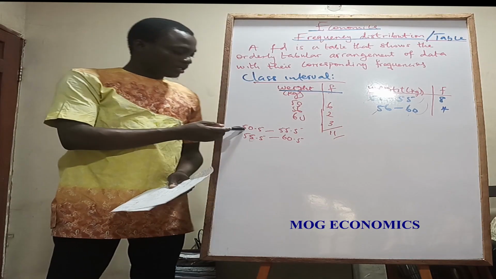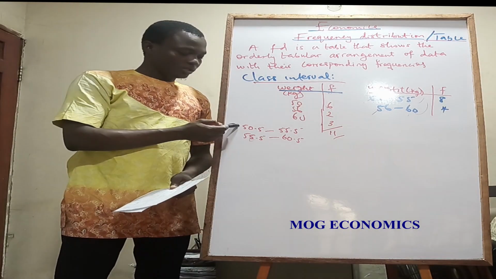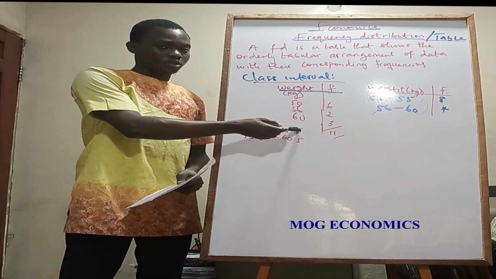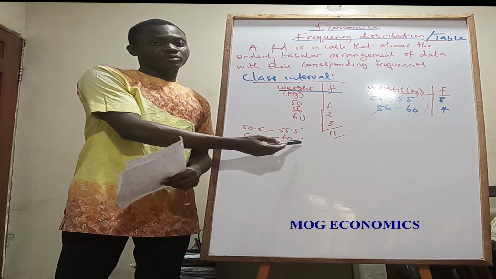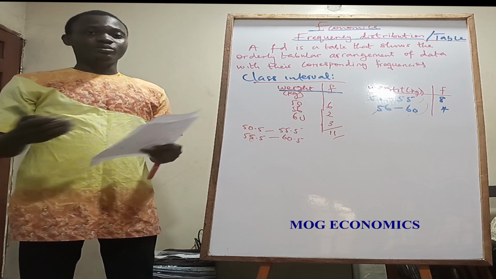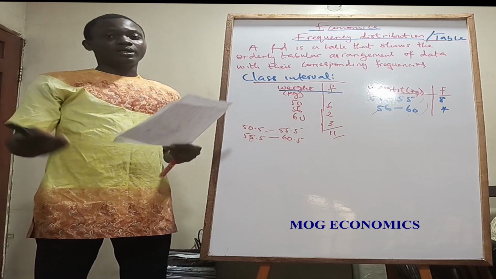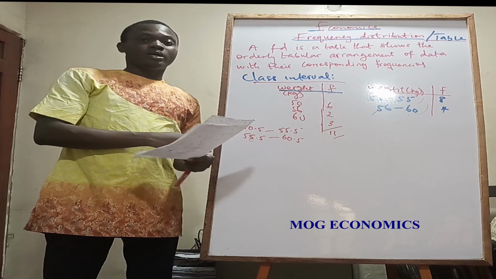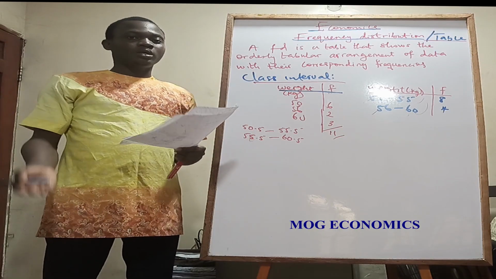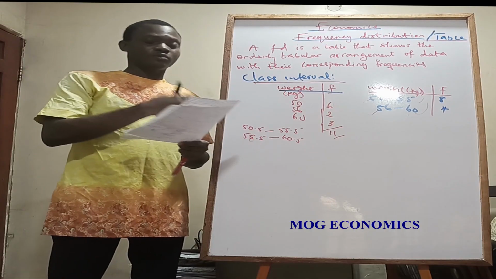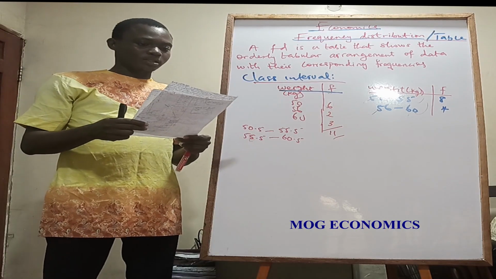Since we're talking about class boundary, this is your lower class boundary and this is your upper class boundary for this particular class. So add 0.5 to the upper class limit of your class interval to get the upper class boundary, and subtract 0.5 from the lower class limit to get your lower class boundary.